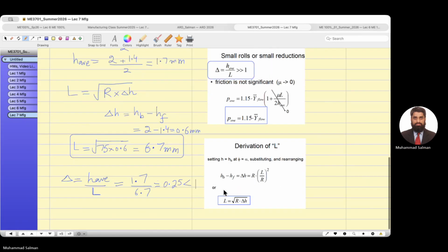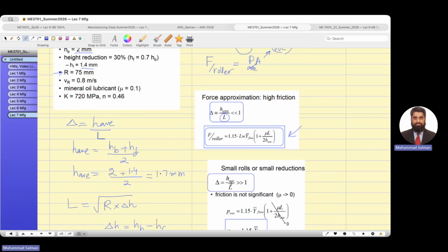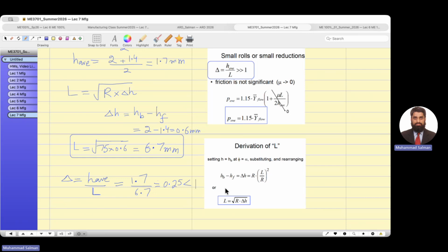Okay. Up until here, is this clear? Okay. So you have to check. If you see this quiz question, you will see a similar question. You have to go step by step. This is the first step. And if you finalize this is a large roller, use this formula. So force per unit width. So let's do this.